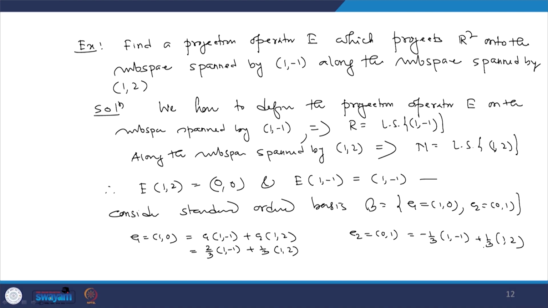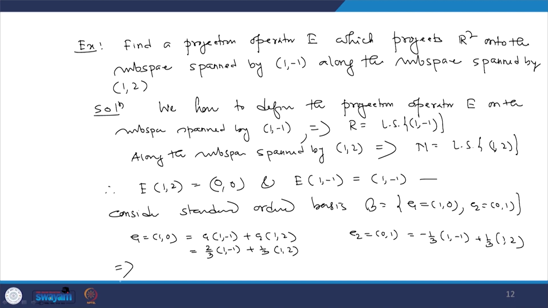Similarly, E2 equal to (0, 1) equals minus 1 by 3 into (1, minus 1) plus 1 by 3 into (1, 2). I know the image of (1, minus 1) and (1, 2).